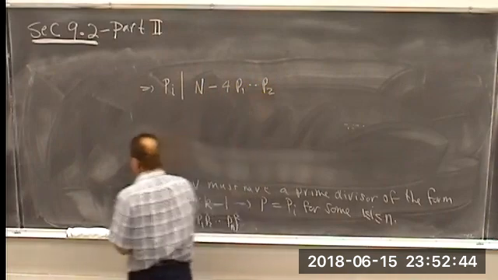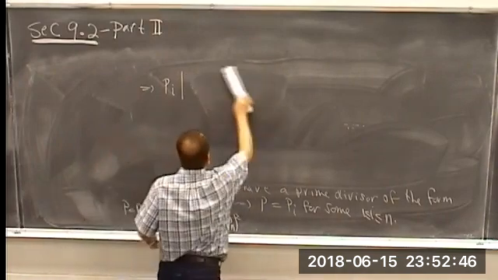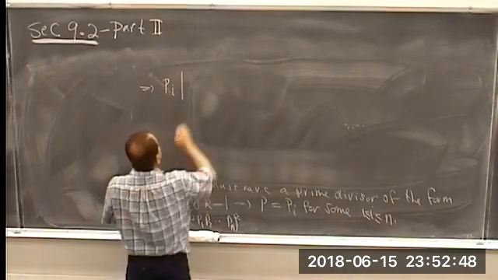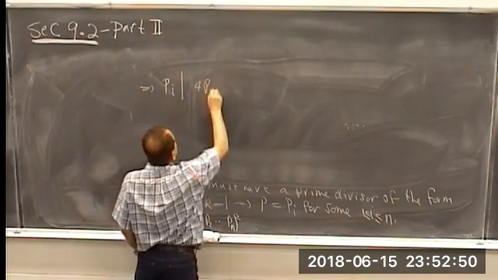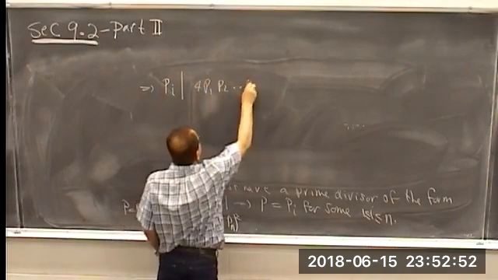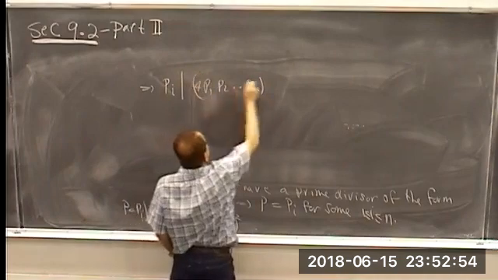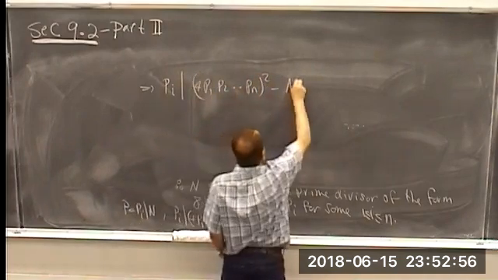Actually, let me put this one in front so I get 2 instead of negative 2: 4 P1, P2, up to Pn squared minus n.